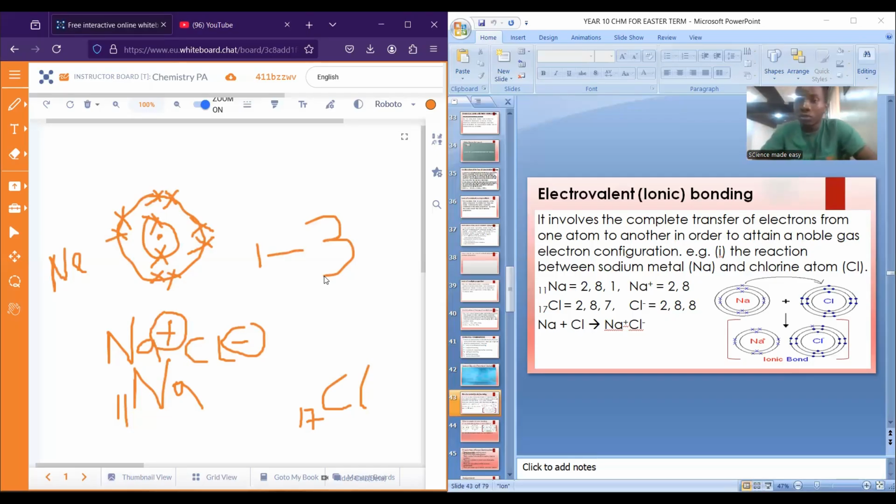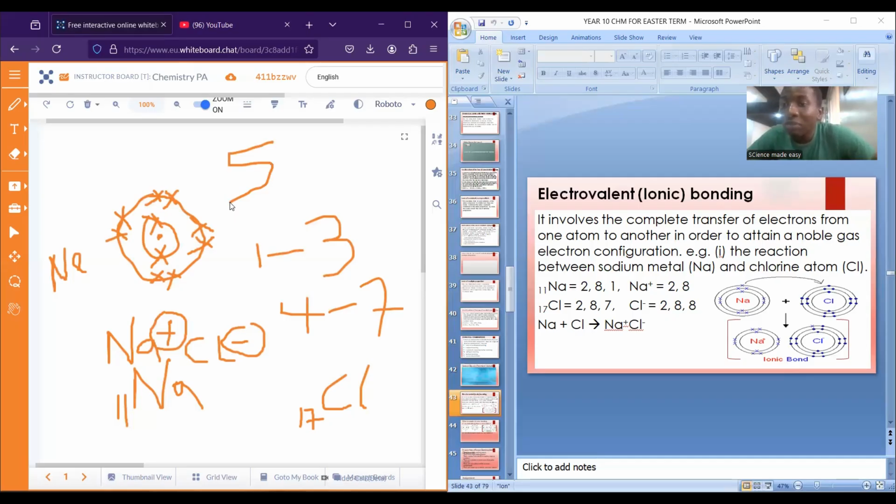They accept electrons. Now, non-metals contain about 4 to 7 electrons. We are not talking about 8 because 8 is already complete. That means once any element gets to 5, it cannot donate again because it's almost completing 8 already.